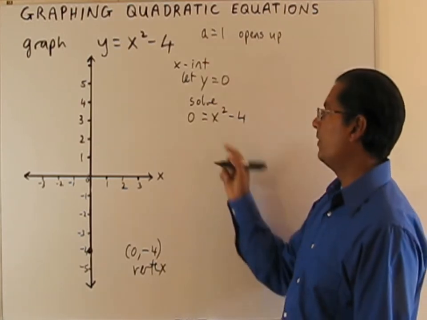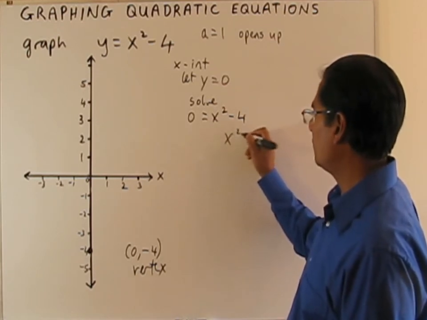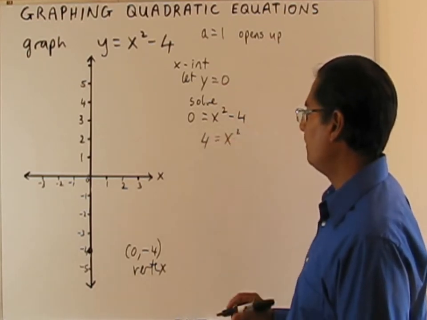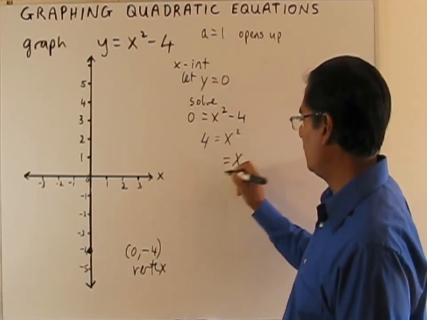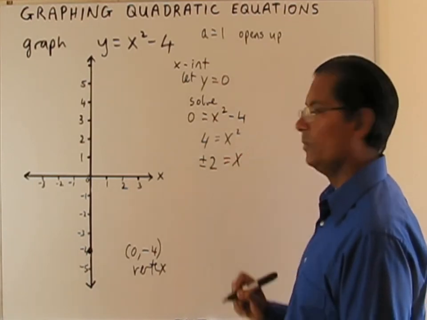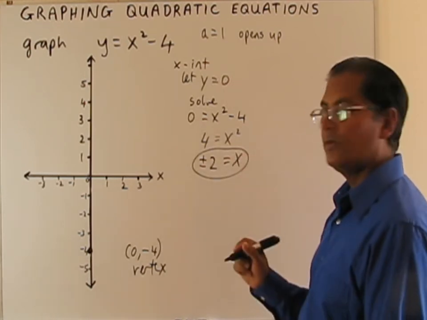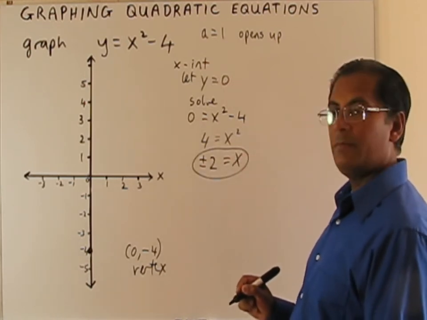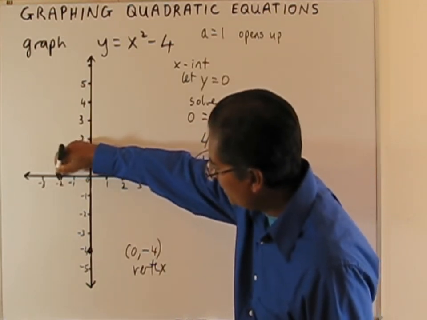Add 4 to both sides, we get x squared equals 4. And so, square rooting both sides, we have x equals plus or minus 2. So those are my x-intercepts, x equals plus or minus 2. That means I have an x-intercept here, and I have one here.